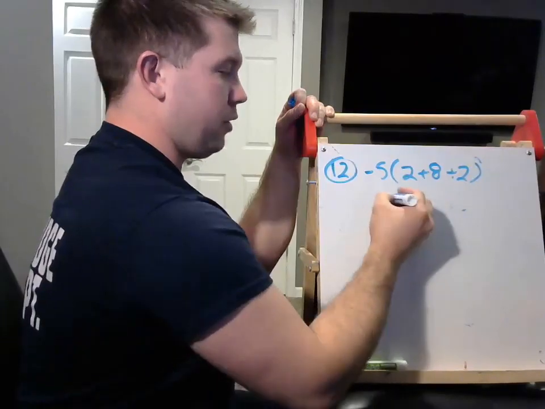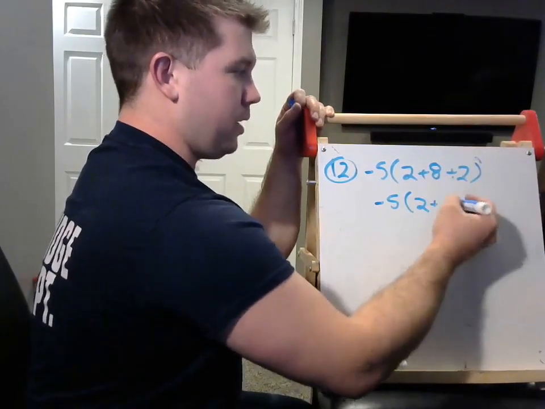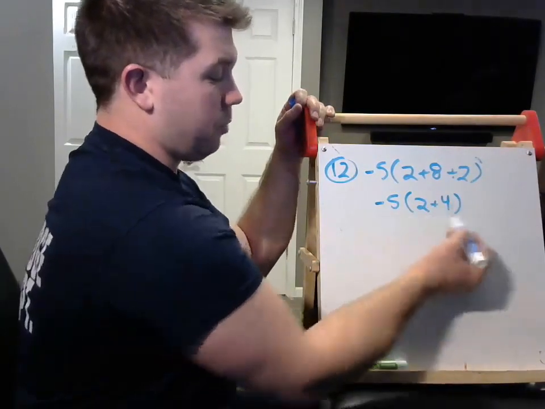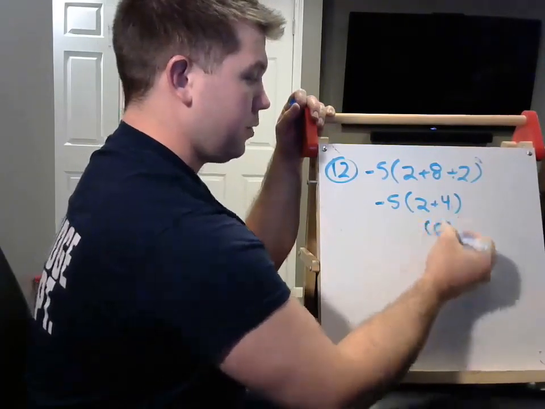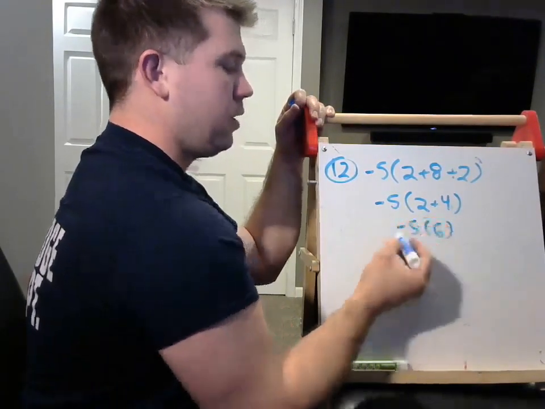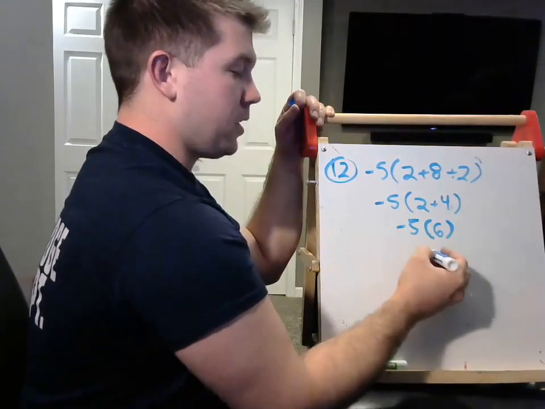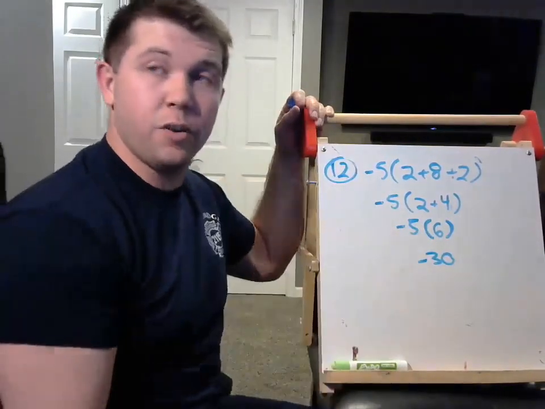So I'm going to bring everything down that I'm not doing first. I'm going to keep the 2 plus, but 8 divided by 2 ends up being 4. So now this is what I'm left with. Now I'm going to do 2 plus 4, which is 6. So I can reduce that down. And now I have a negative 5 on the outside of the parentheses. So 5 times 6 is 30. Negative times positive is negative. So that's your answer for number 12.